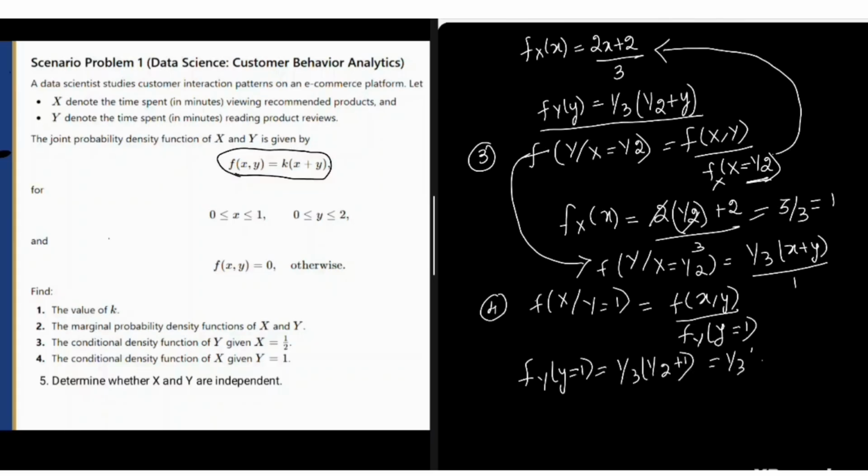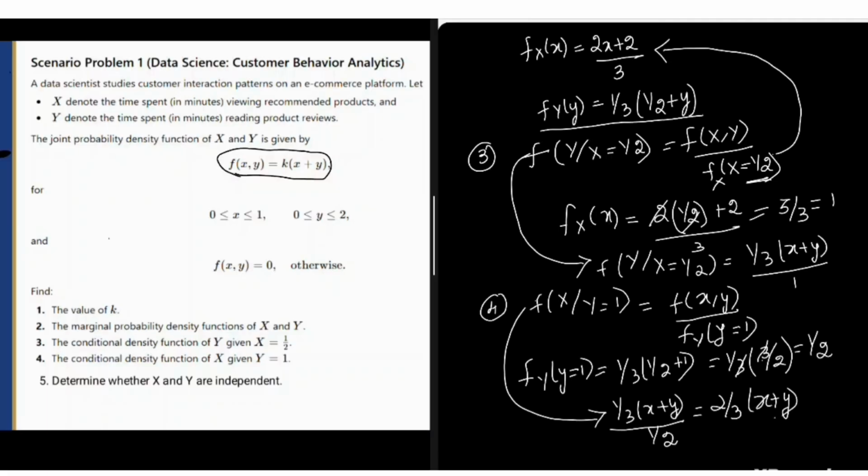So half plus 1, which is nothing but 3 by 2. So 3 and 3 will get cancelled. So you will have 1 by 2. So now substituting in the equation, you will get 1 by 3 into x plus y, and the denominator would be 1 by 2. Or you can write it as 2 by 3 into x plus y.